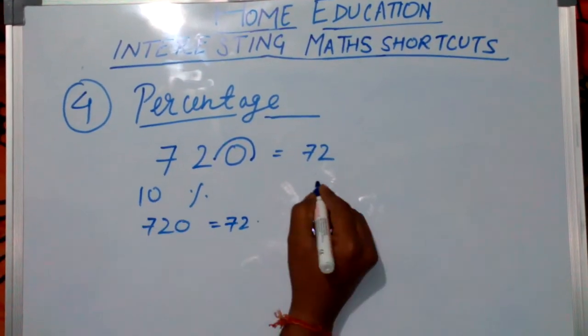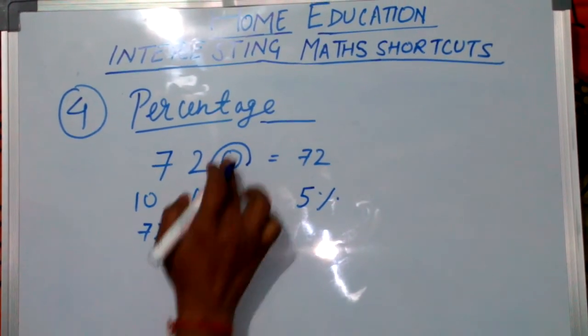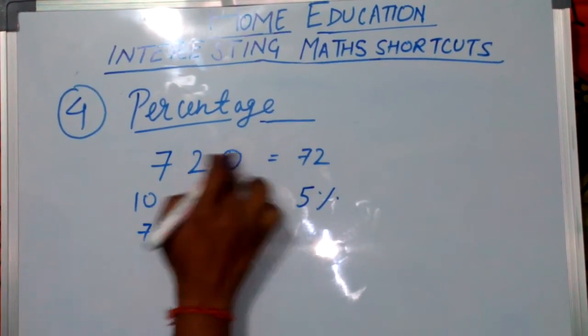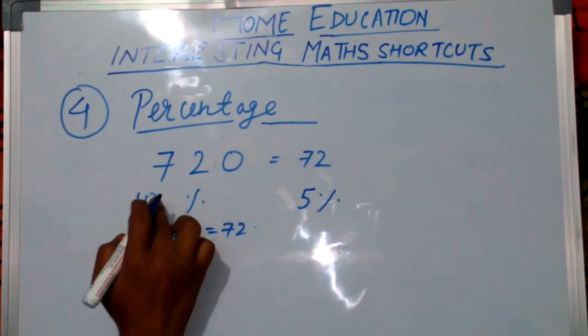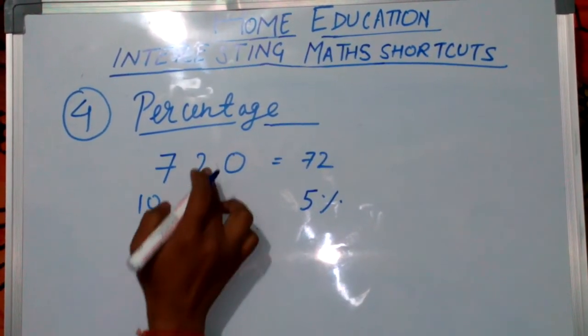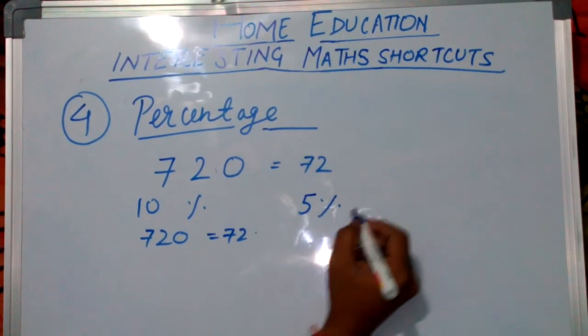Now if it says 5%, then 10% of 720 will be 72. Now 5% is half of 10%, so half of 72 is 36.